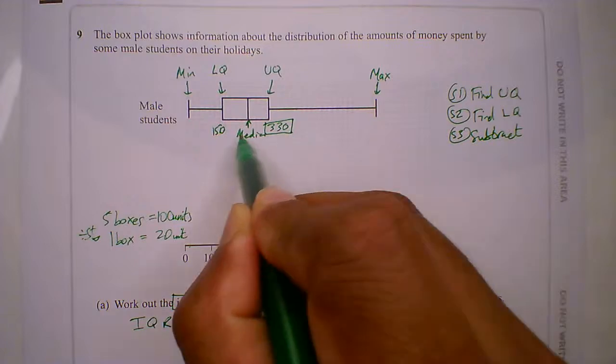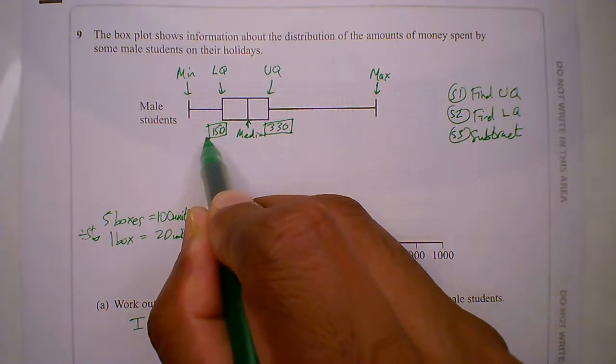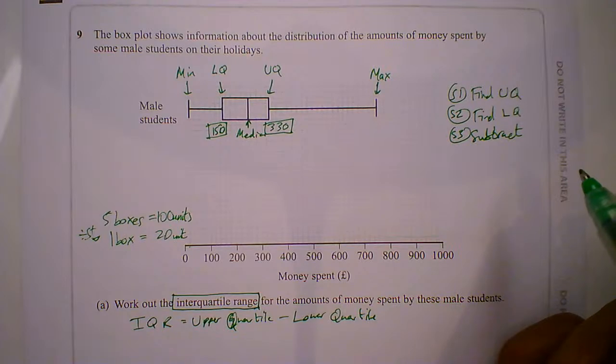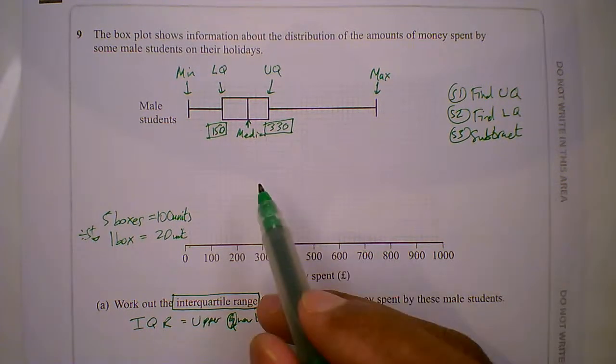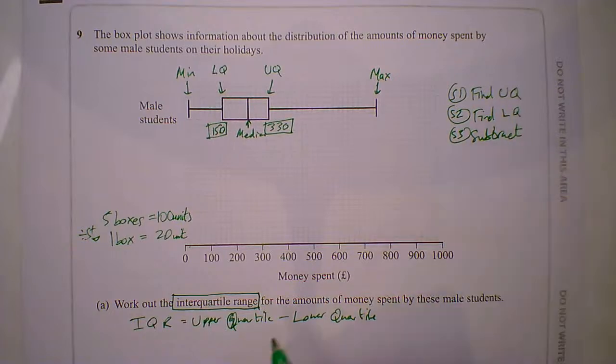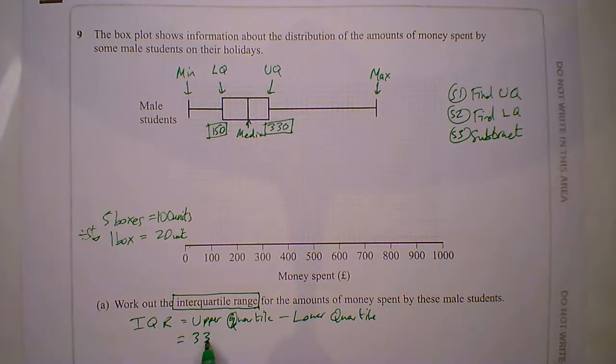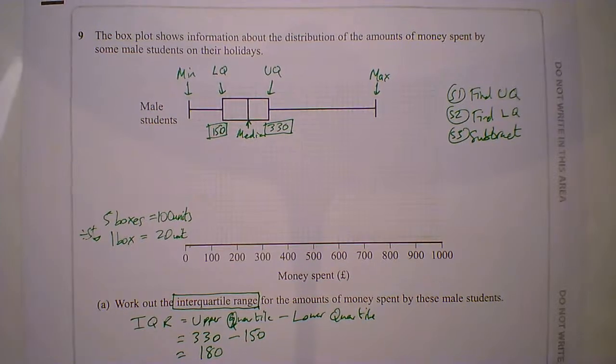It may not be very clear on this camera, but if you've got your downloaded software copy, you'll see that. So that's my upper quartile and lower quartile. My interquartile range is going to be 330 take away 150, which gives me 180. So that's my first question.